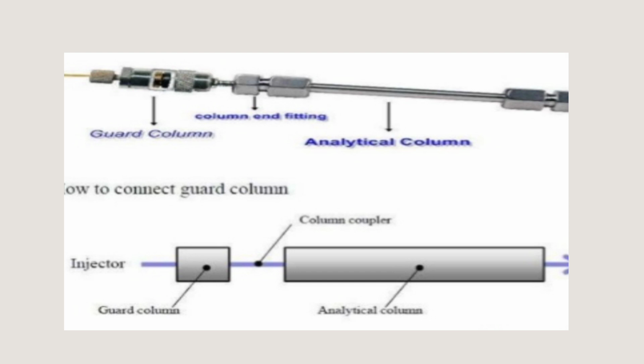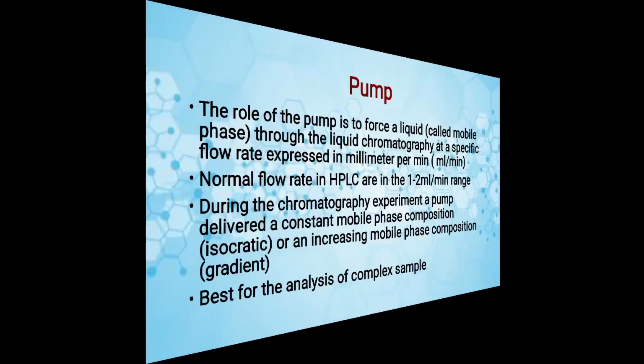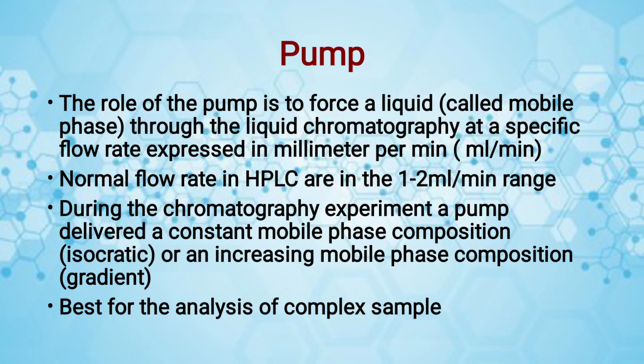Now coming to the next part, which is the detector used in HPLC. Various detectors are used in HPLC, such as the refractive index detector, which is a bulk property detector. Second one is the conductivity detector, which is also a bulk property detector. Next one is the UV visible detector, which is a concentration detector.